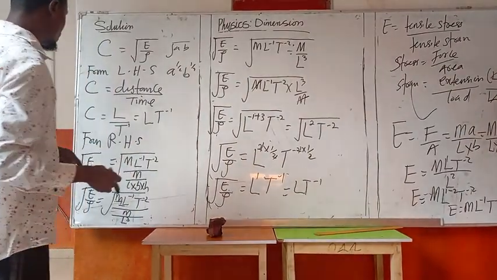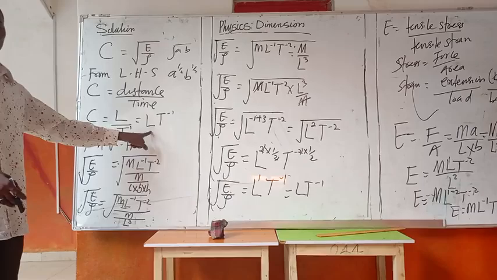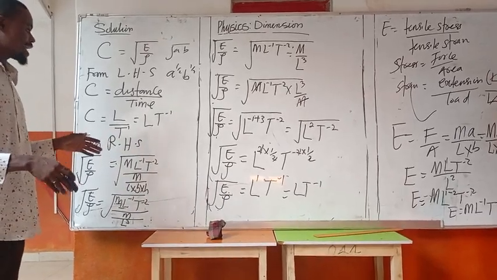If you check it with the first one we have, you can see it's the same thing, which means that the equation is dimensionally correct.